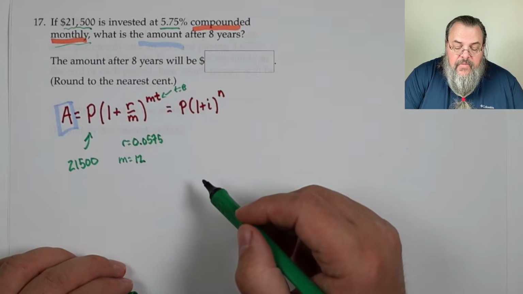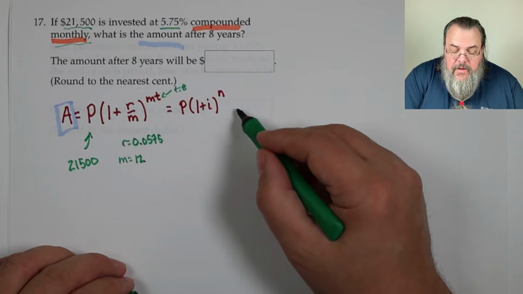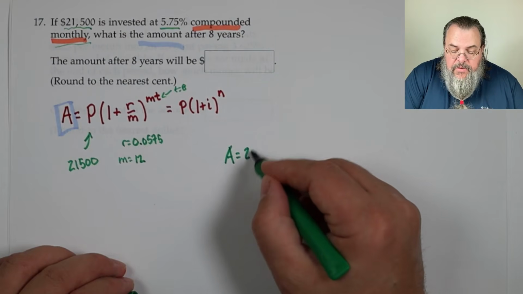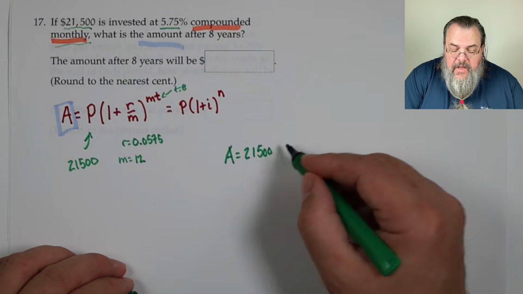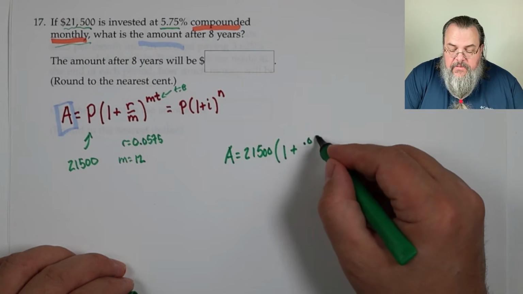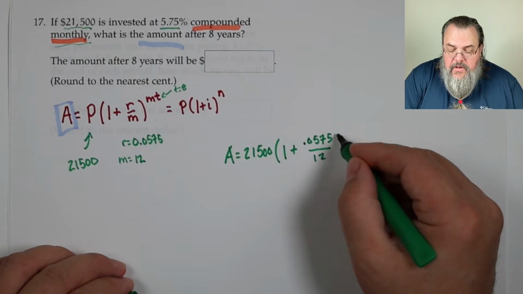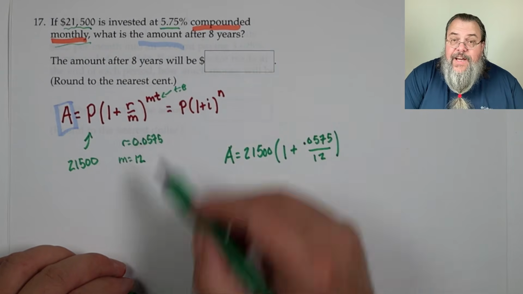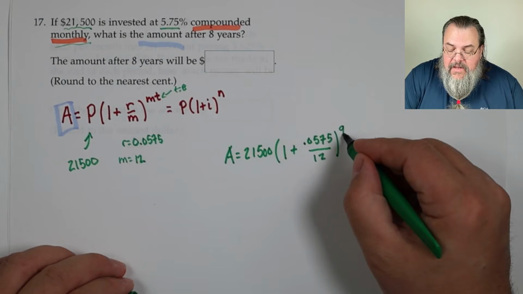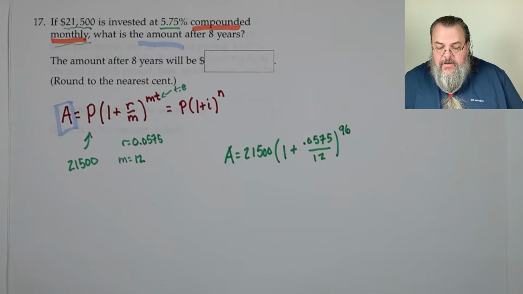All right. And so if we put this all together, our amount is 21,500 times 1 plus 0.0575 over 12 to the power 12 times 8. And 12 times 8 is 96, or you could just put 12 times 8. All right.